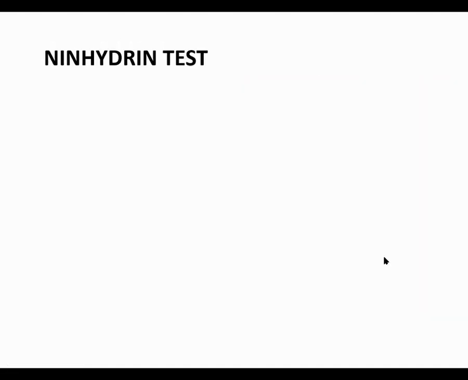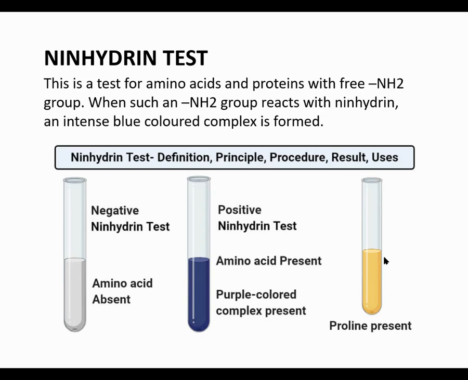Next is the ninhydrin test. Now, this is a test for amino acids and proteins with a free NH2 group. The NH2 group reacts with ninhydrin to produce a blue colored complex. So on this diagram, if there are no amino acids, it's just going to be clear.